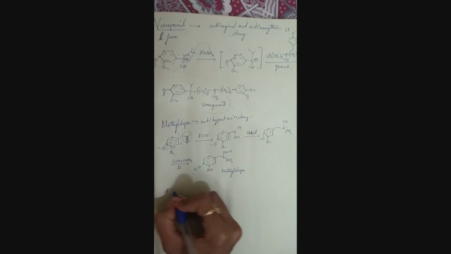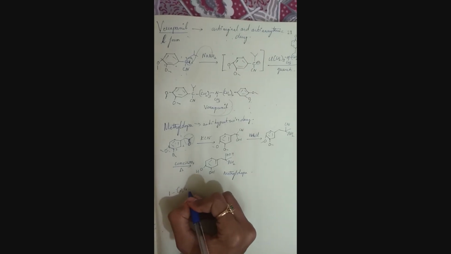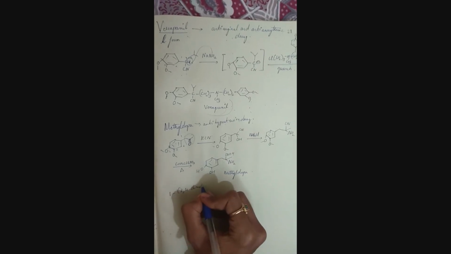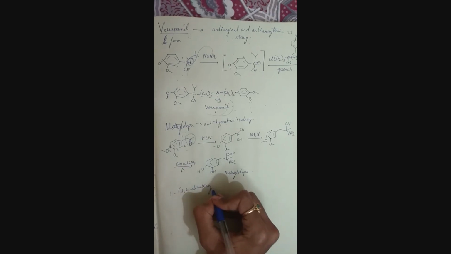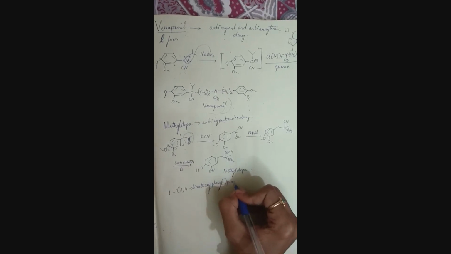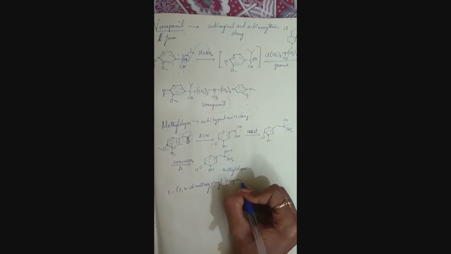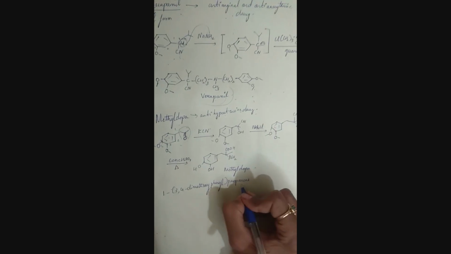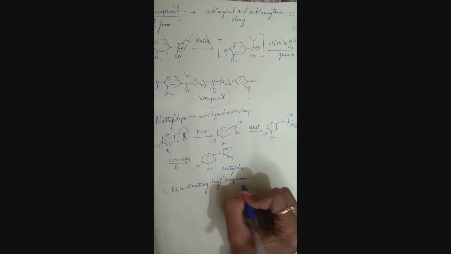So it is 1-(3,4-dimethoxyphenyl)propanone, because there are two methoxy groups at the third and fourth positions, a phenyl group, and a keto group is present.